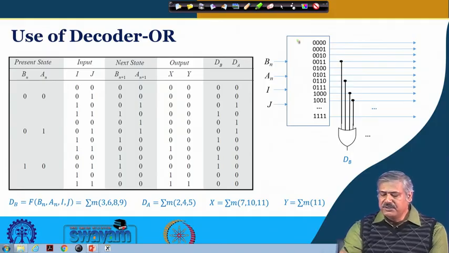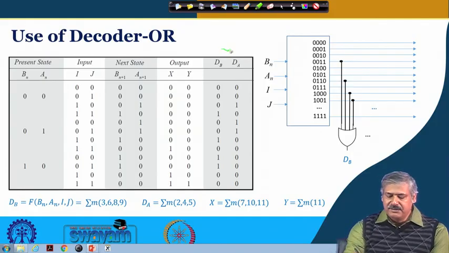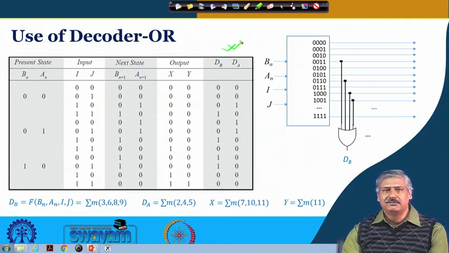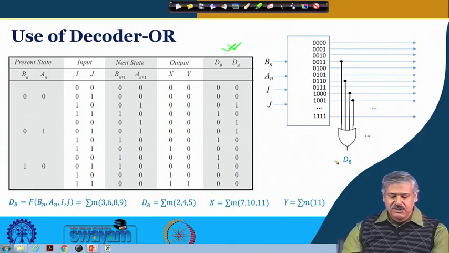So, we use that concept, and we can see the state table that we have got. We can directly convert it to a decoder-OR based combinatorial circuit representation. How? The D flip flops that we shall be using, 2 D flip flops are there.